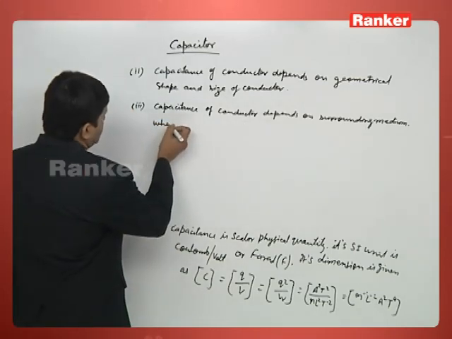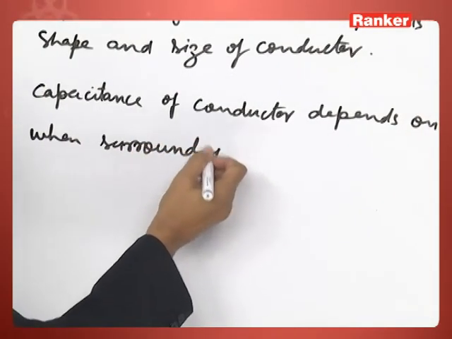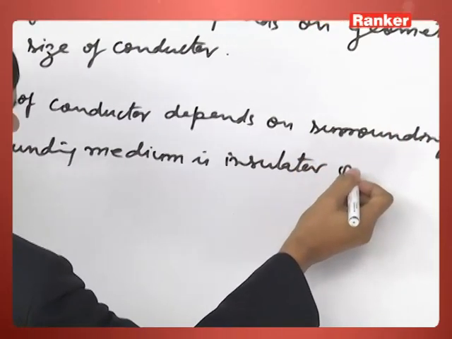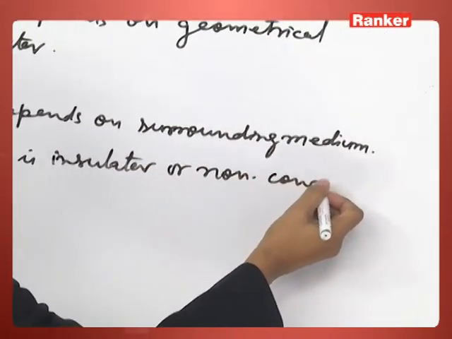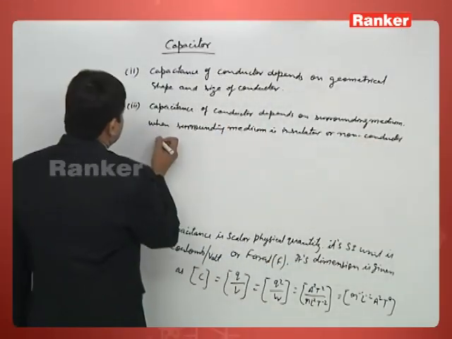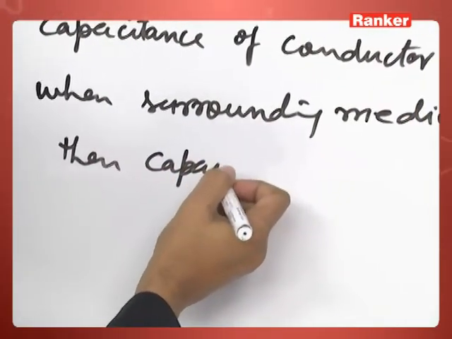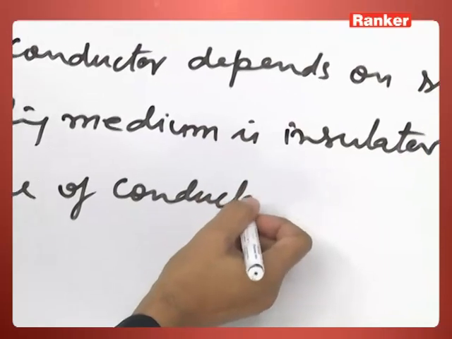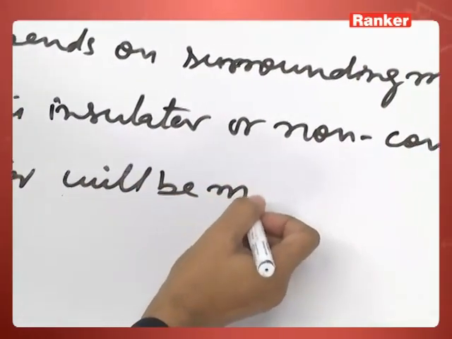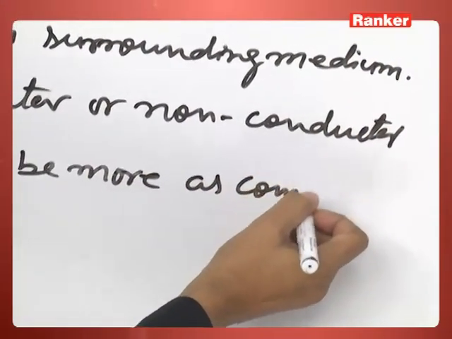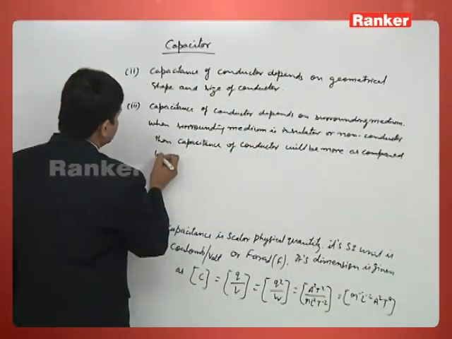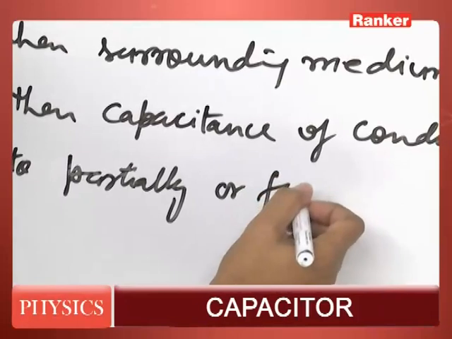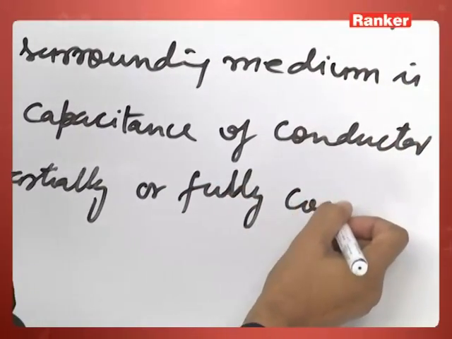So we can write: when the surrounding medium is an insulator or non-conductor, then the capacitance of a conductor will be more, as compared to a partially or fully conducting medium.